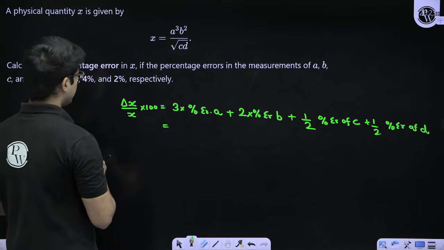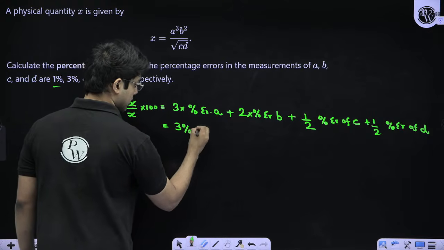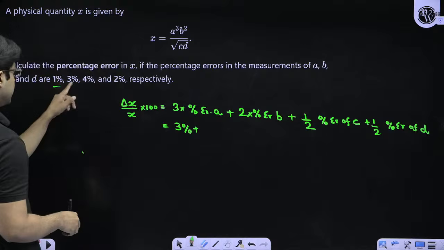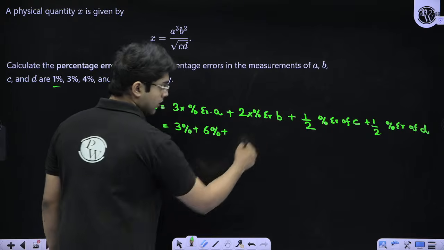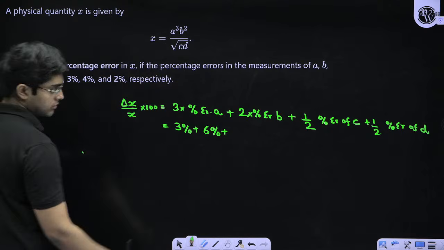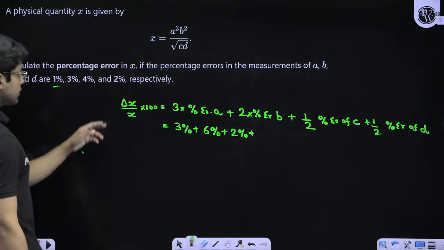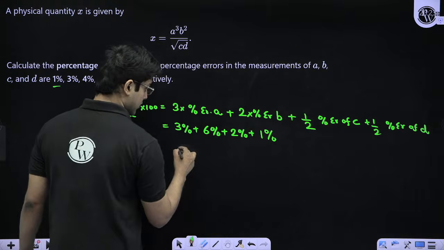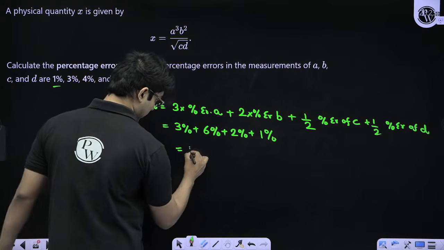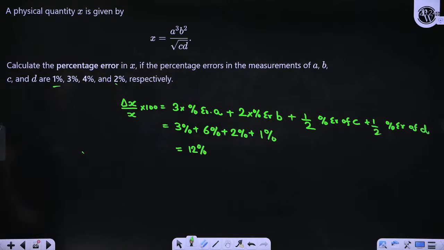Now percentage error of a is given to be 1%, so this will be 3 into 1, which is 3%. Percentage error of b is 3, so 2 into 3 will become 6%. Percentage error of c is 4%, so that into half is 2%. And percentage error of d is 2%, so that into half is 1%. So this will be 12, right? Yes. So 12% is the answer.